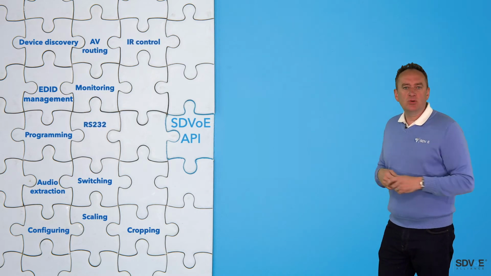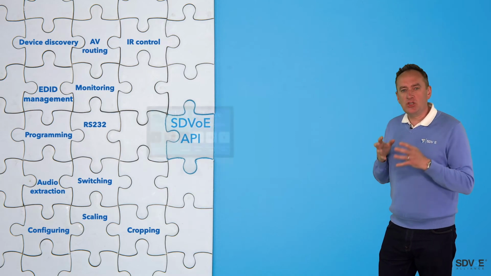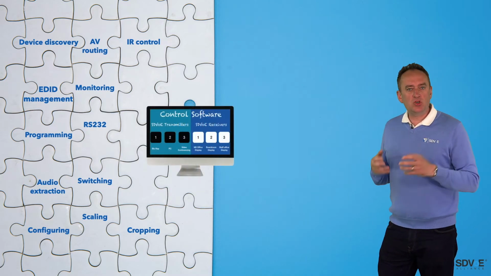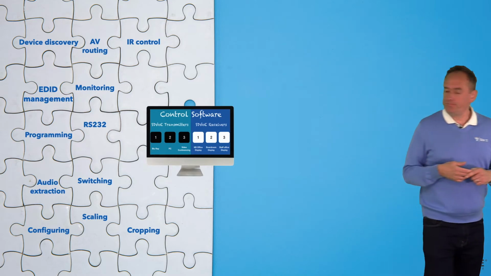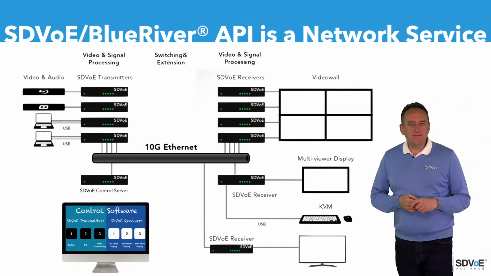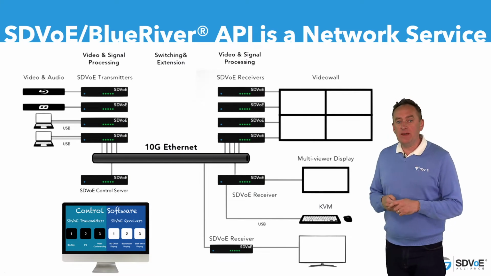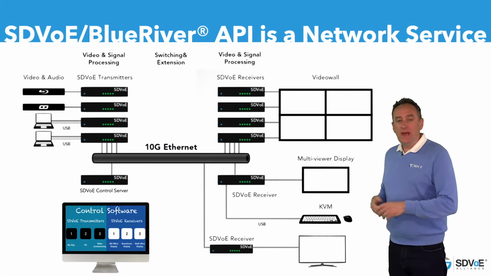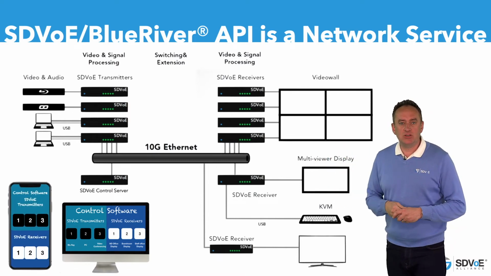In order to manage all of this, the SDVoE API is implemented as a software service or control server which lives on the network. Every SDVoE system will include at least one SDVoE API control server, which could be hosted by a computer, a web browser, or even a mobile application.